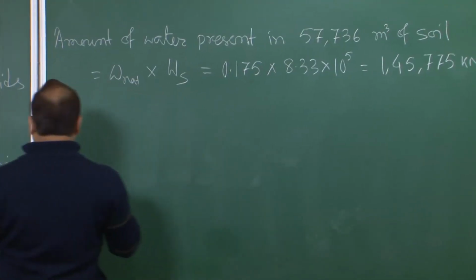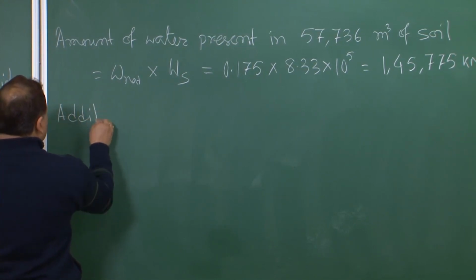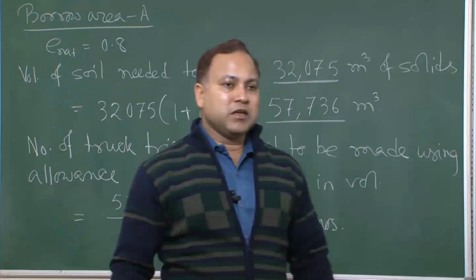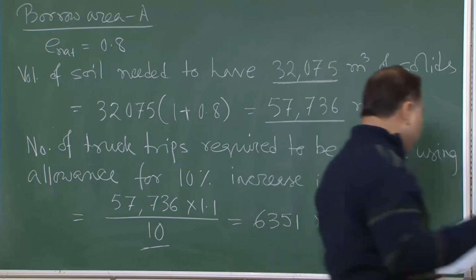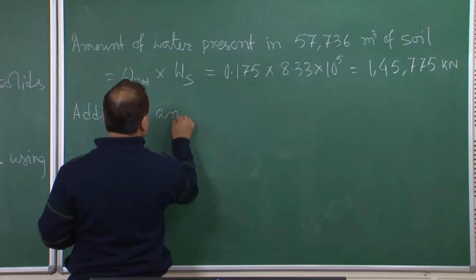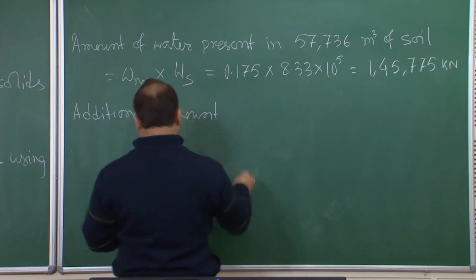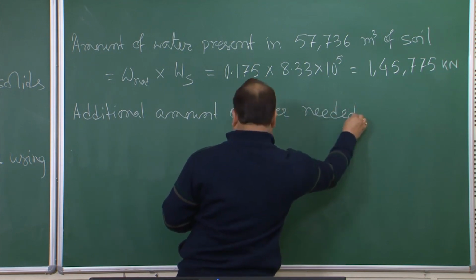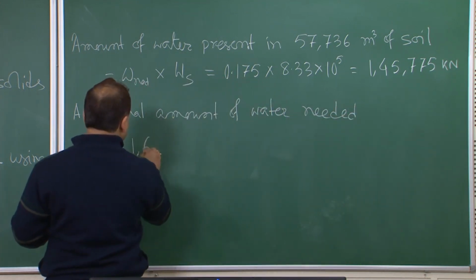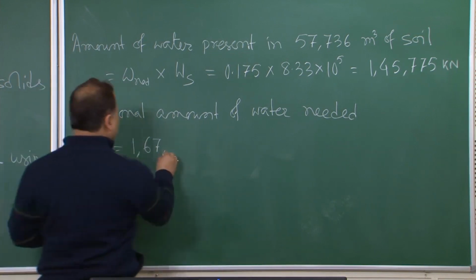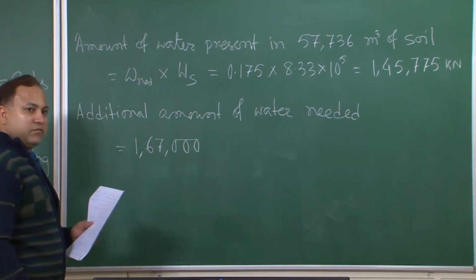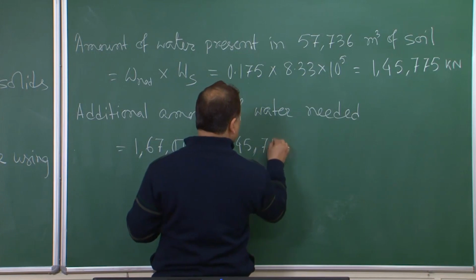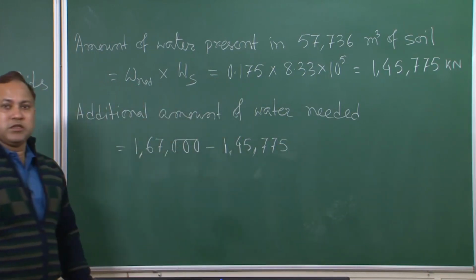Okay. So now in the embankment, what was the water present in the embankment? That you have already calculated. So additional amount of water needed is equal to this much is the requirement in the embankment, this much water is present in the soil which you are transporting.